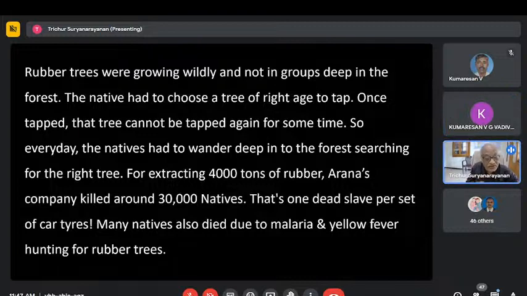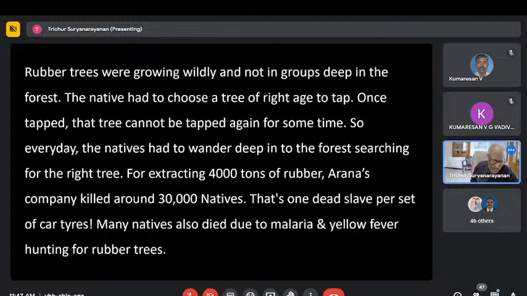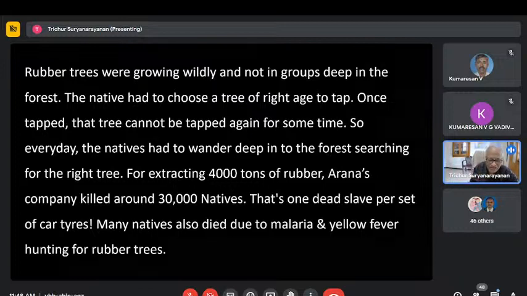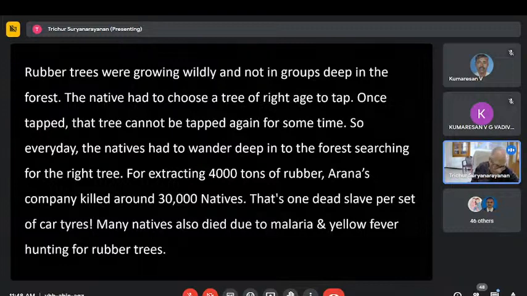So for extracting 4,000 tons of rubber, Arana's company killed around 30,000 natives. You can calculate that is one dead slave for 4 tires of a car.